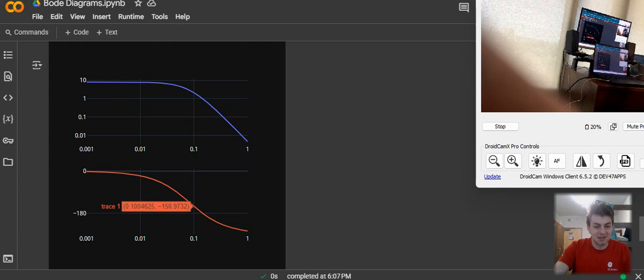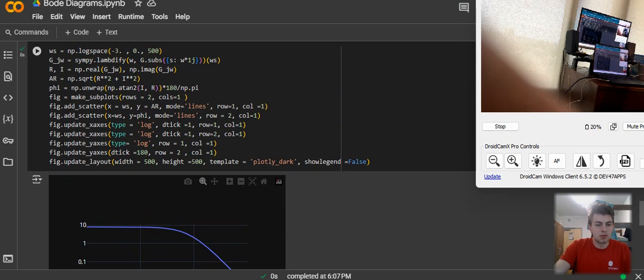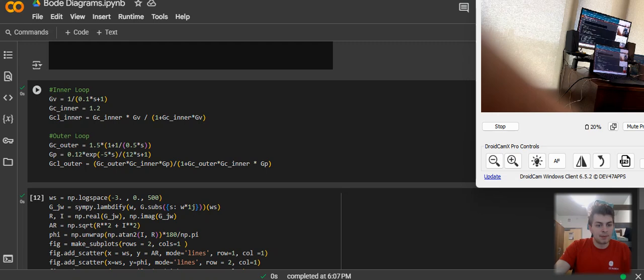Let me say this effectively once I can find 150. Perfect. Okay, so that's about 0.1. When that hits negative 150, we want our amplitude ratio to be 1 here. And so we can see that at 0.1 as our frequency, we're still at 2. So this isn't. Let's go ahead and shrink this down, 1.2.